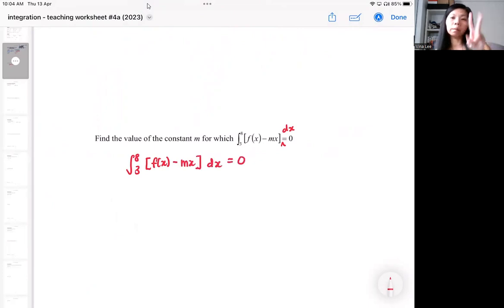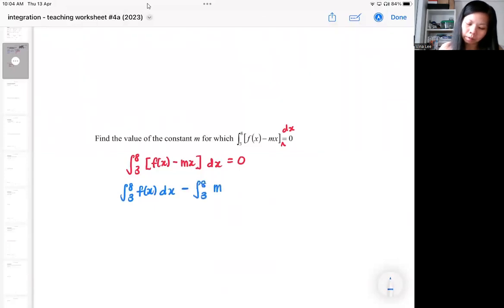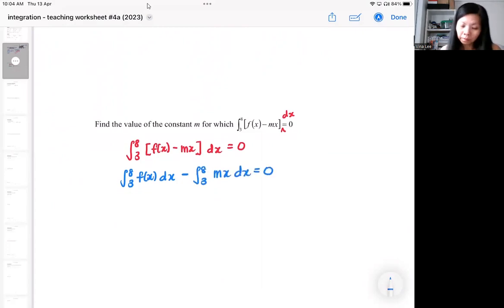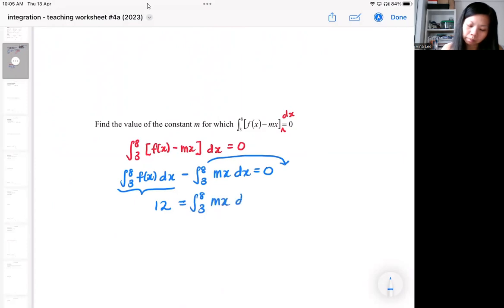If you still recall on page 2, one of the properties is we can split the definite integral into a subtraction of two individual definite integrals. And then this whole part is 12. In fact, you can bring the definite integral over, so from a negative definite integral it becomes a positive.